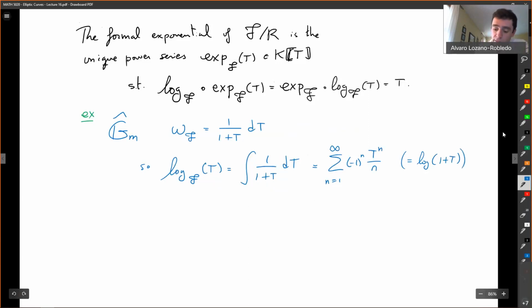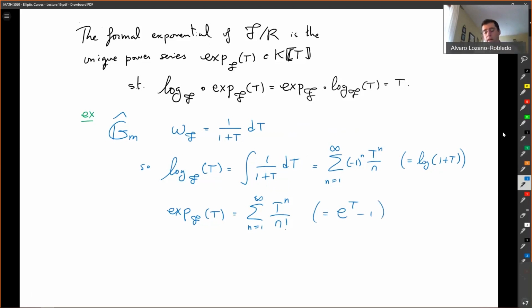Then the formal exponential is the power series that does the job of being the inverse of the power series for log, which is the power series of e to the t minus 1. So that's where the log and exponential names come from.